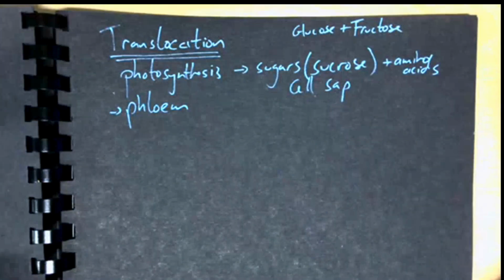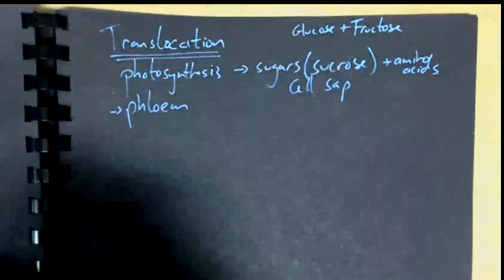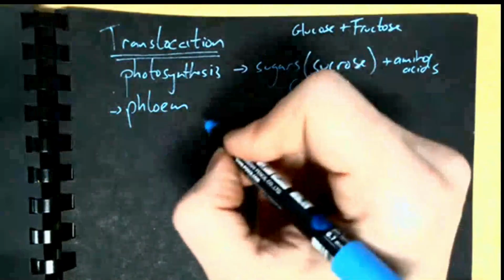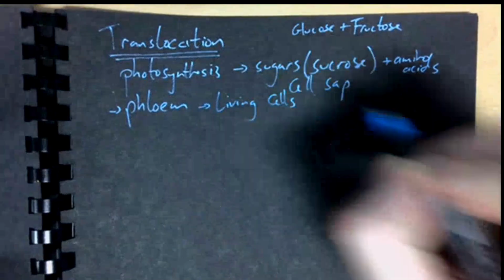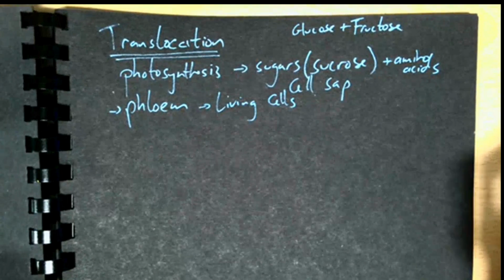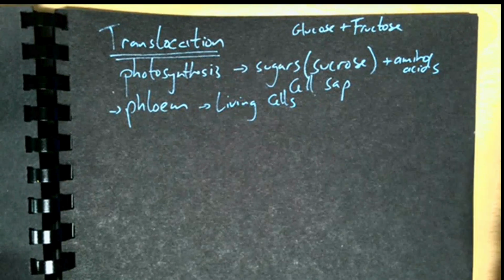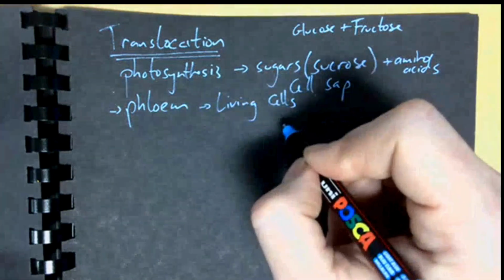And these are slightly different because they are living cells. So remember, our xylem were dead, the phloem are living cells. And they're transporting in different directions.